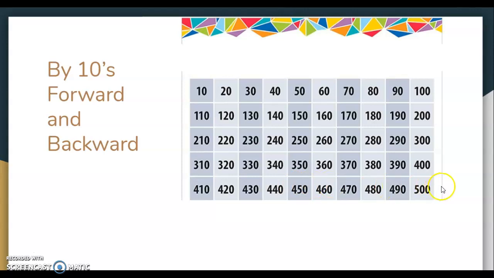All right, we are going to get even a little bit more challenging. We are going to count backward now by tens from 500 all the way to 10. So again, as I point to the number, count with me.